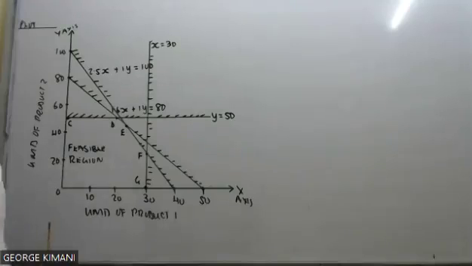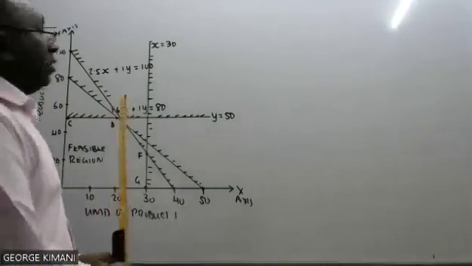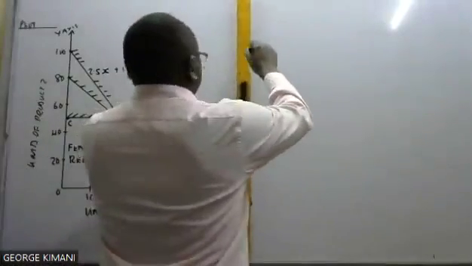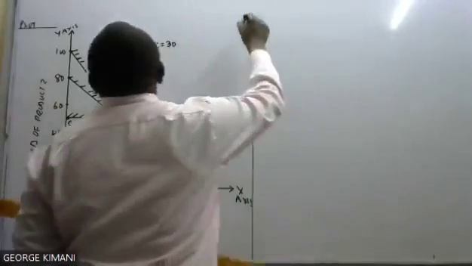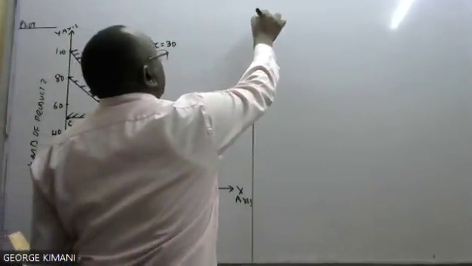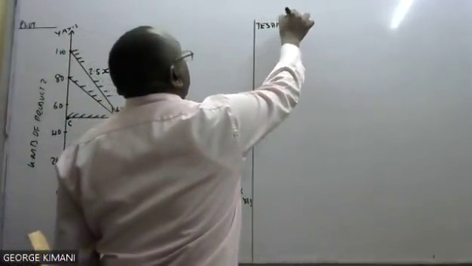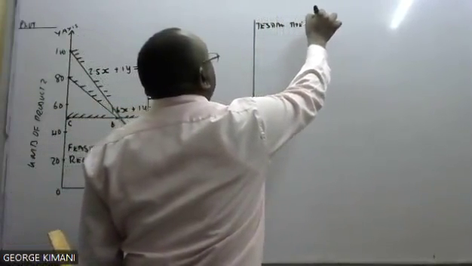Now, if you cannot see which one, you test the corners. If you're not able to know which is which, you test the corners. So testing the corners.